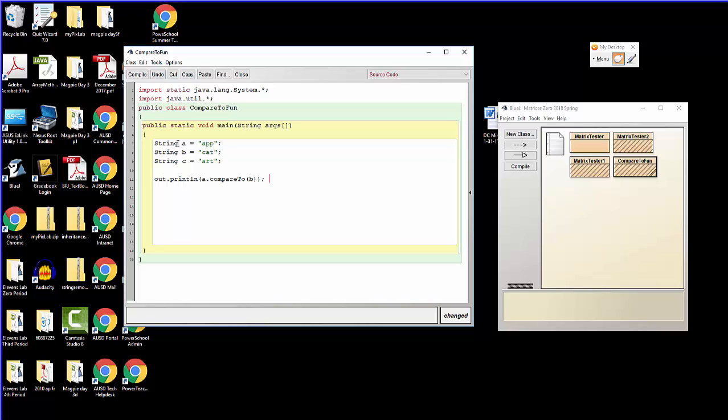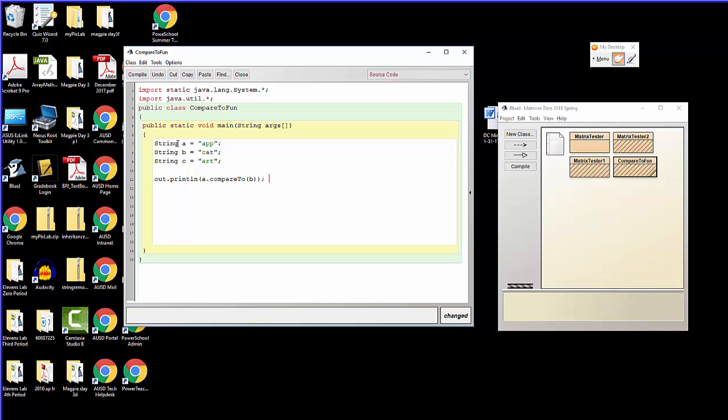The way it exactly works is not part of AP Comp Sci curriculum. You don't need to know that what it's really doing is taking 97 minus 99, getting a negative 2, and therefore it's a negative. All you have to know is is it positive, negative, or 0?